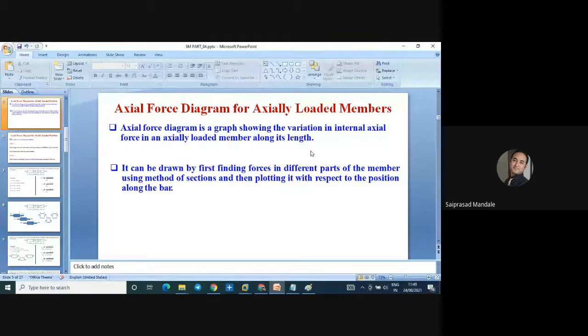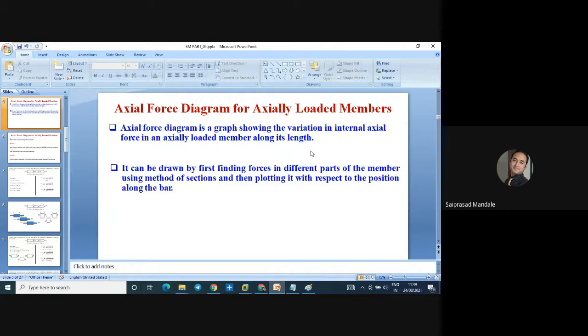Up till now, we have seen the member which is subjected to loading at either end, either in tension or in compression, but we have not observed the body loaded internally. So right now we are looking for a member which is loaded internally.